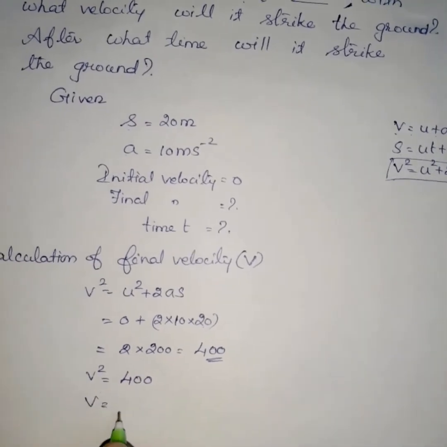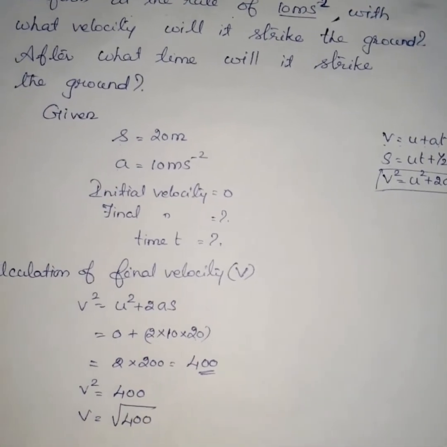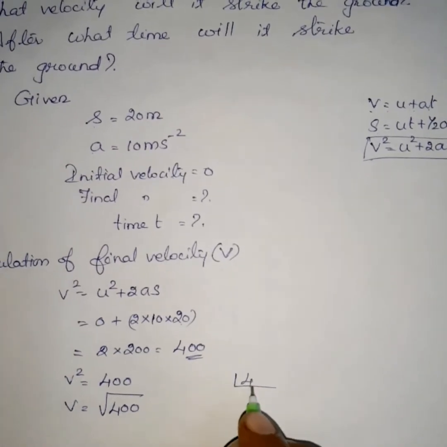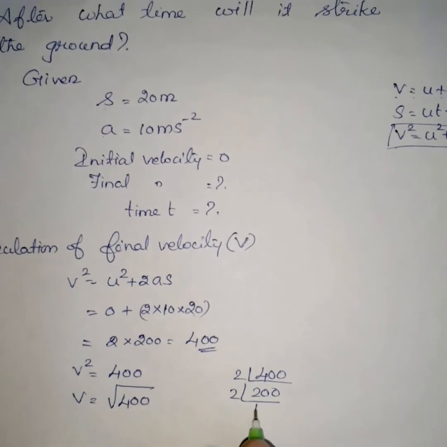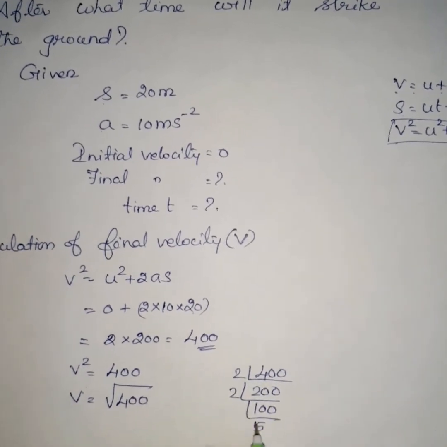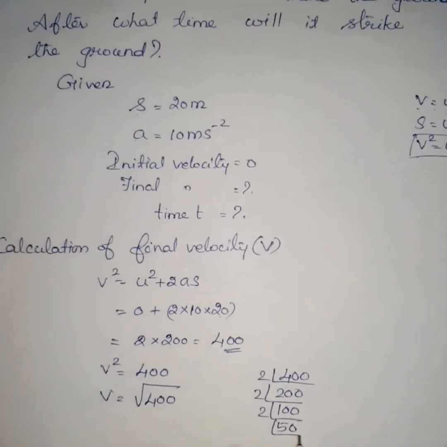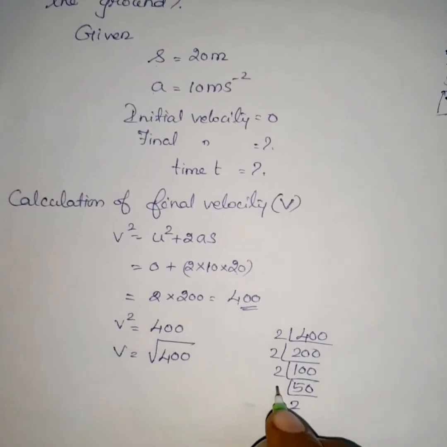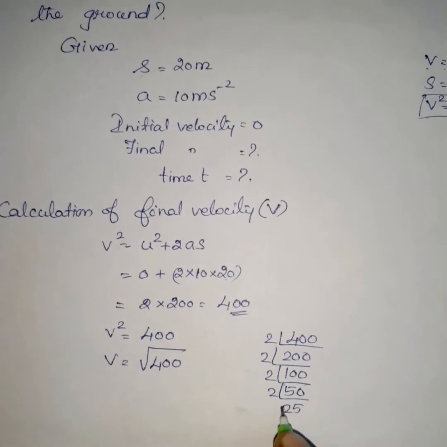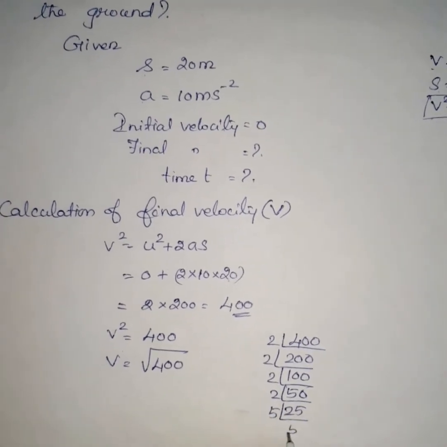So v is equal to root of 400. Now you take root of 400: 5 2s are 10, 0. Then 2 2s are 4, 5 2s are 10, 5 5s are 25.